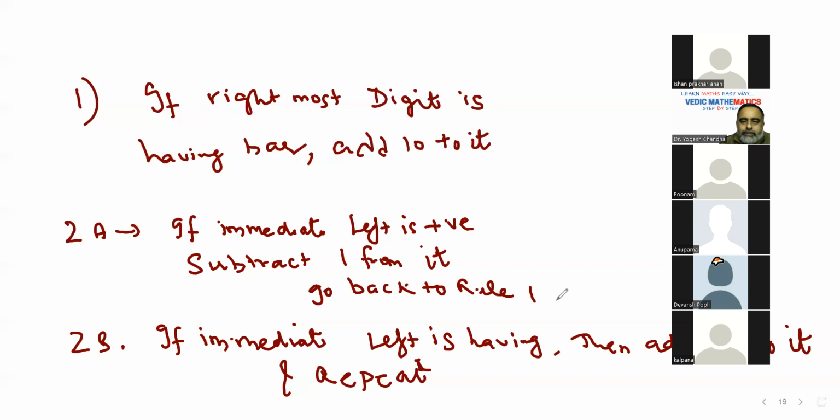So what is 2b? Rule number 2b: if the immediate left has a bar, that means it is negative, then add 9 to it. Okay. जो पहले किया था, just reverse of that.